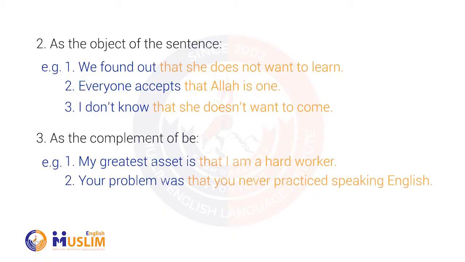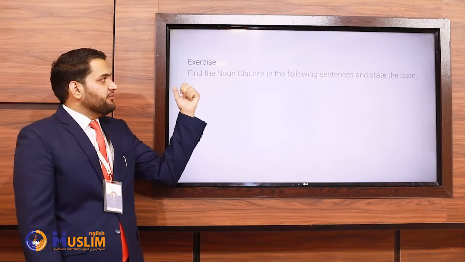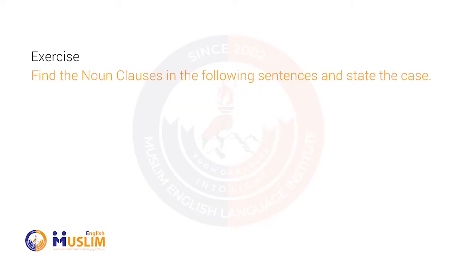Next example, your problem was that you never practiced speaking English. Next, her excuse is that she lives far away. Let's do an exercise. Find the noun clauses in the following sentences and state the case.